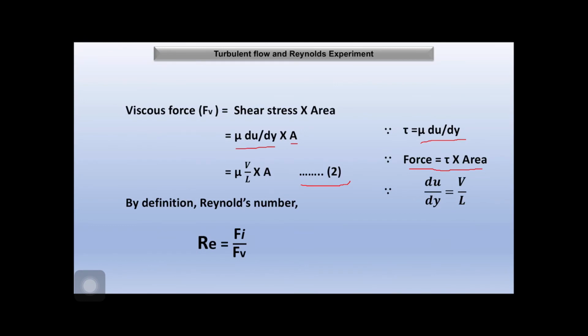When you substitute the values of inertia force and viscous force from equations 1 and 2, we get rho into A into V squared divided by mu into V by L into A. Upon solving this, the A and A cancel, one V cancels with the V, and the remaining is only V, and this L is going to multiply to this side. So it becomes rho into V into L by mu.